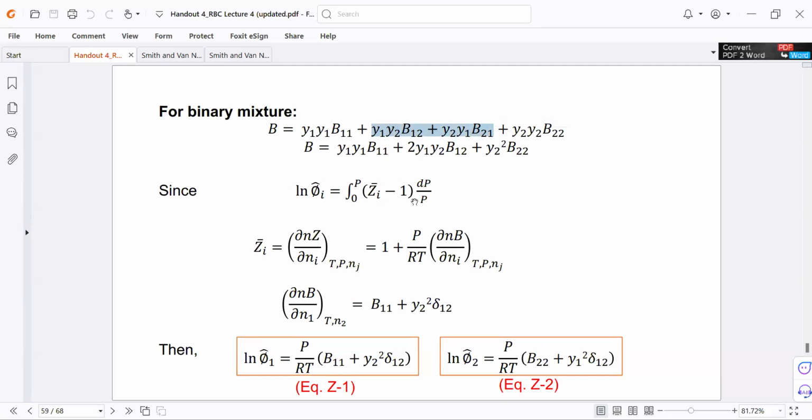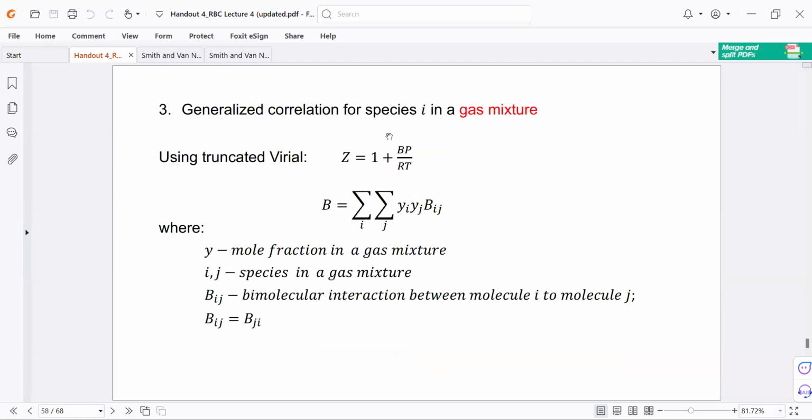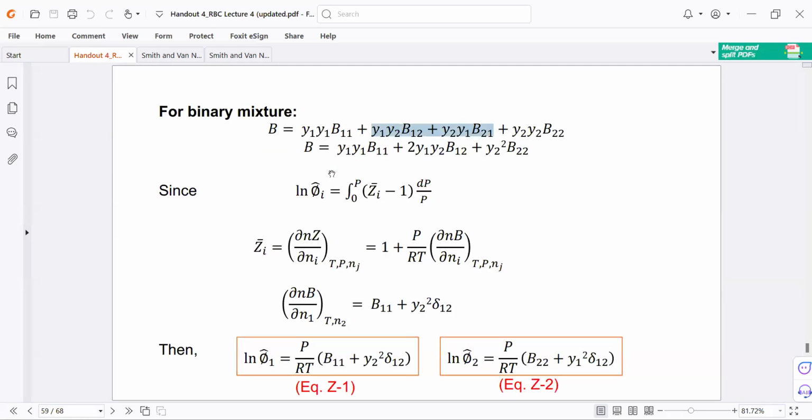And then going back to our equation before, we made a parallel equation this time. Since we're talking about species in solution, our fugacity coefficient is represented with phi hat, which means species I in solution, and our compressibility factor is the partial molar compressibility factor.